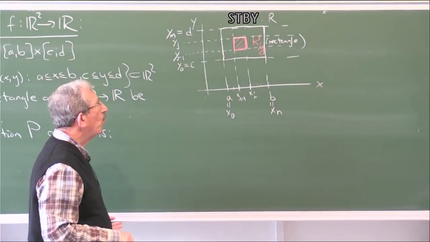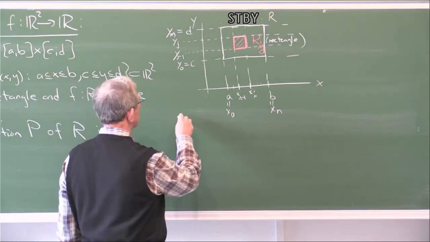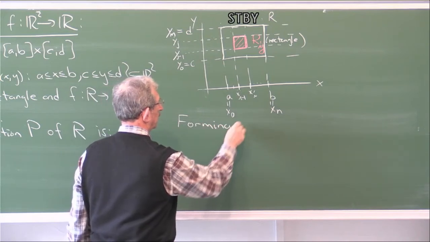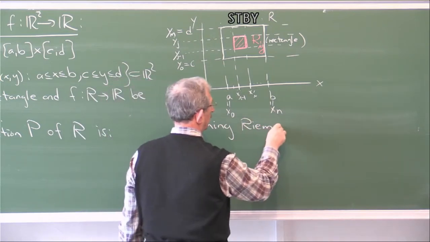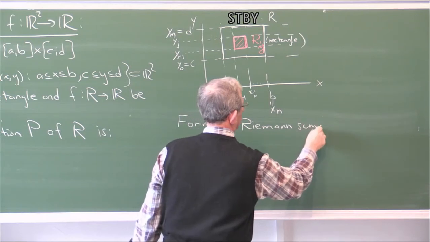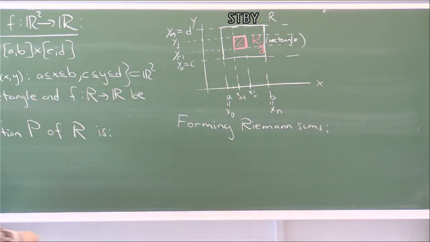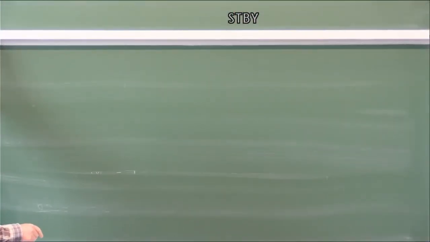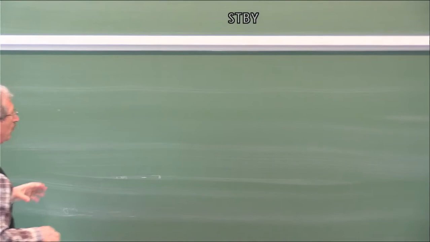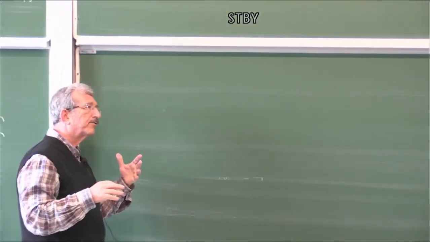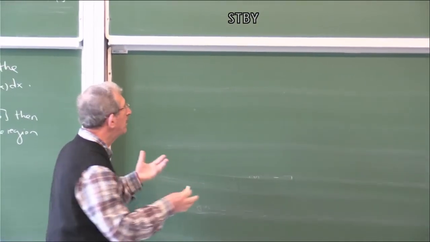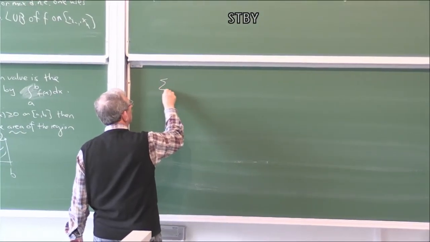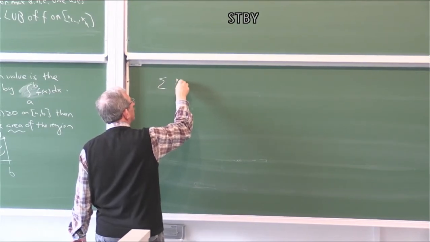Now, when I form a Riemann sum, what will happen here? Well, as in the previous case, we have three things to start with. Namely, I can talk about a sum of the minimum values.